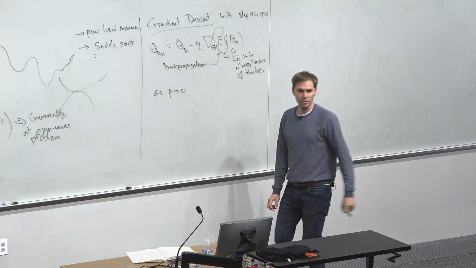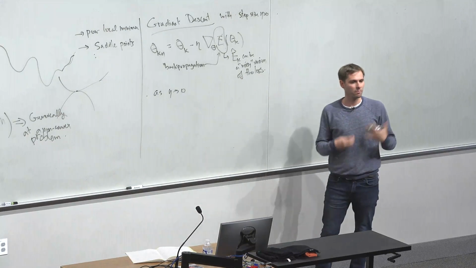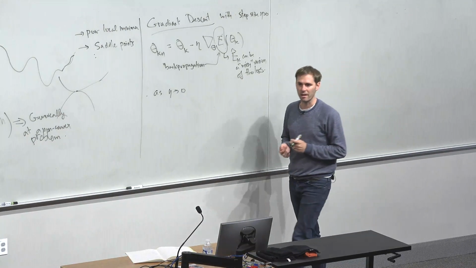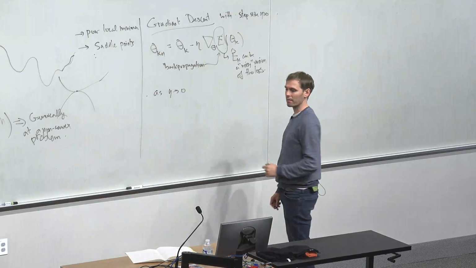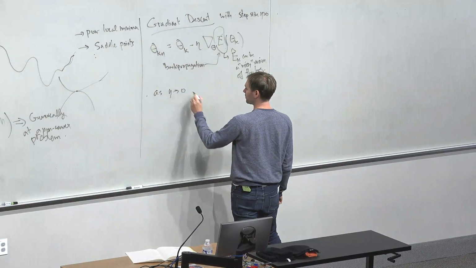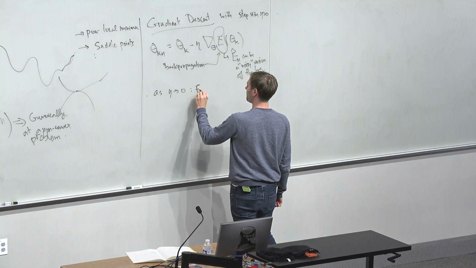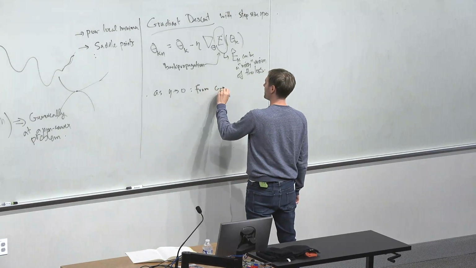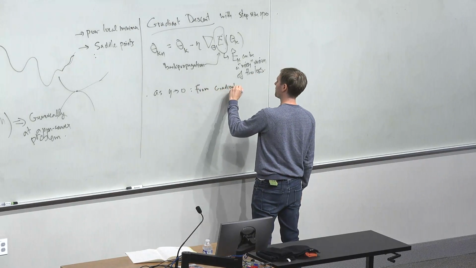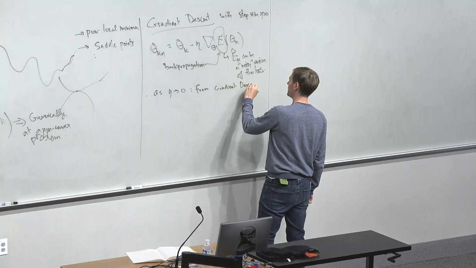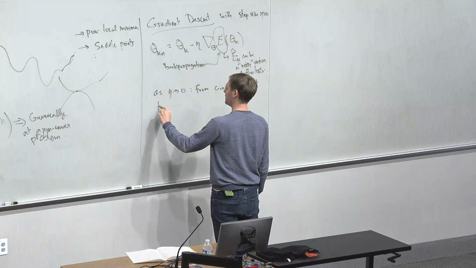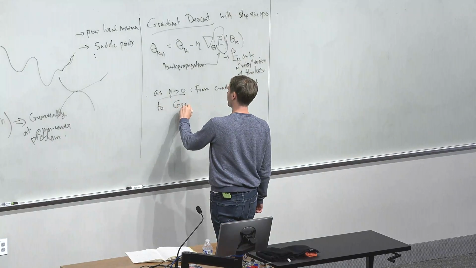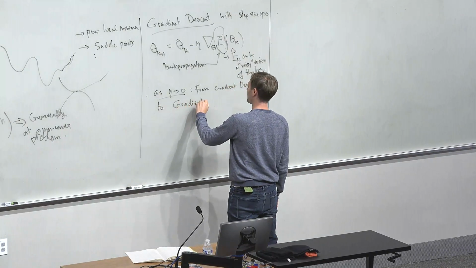As the step size goes to 0, we basically transform a discrete time system into a continuous time one, right? So as the step size goes to 0, we go from gradient descent, and I believe that this is something that you also described a little bit with SEB, to gradient flow.